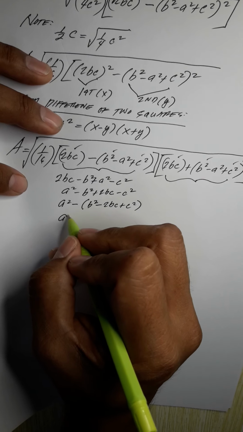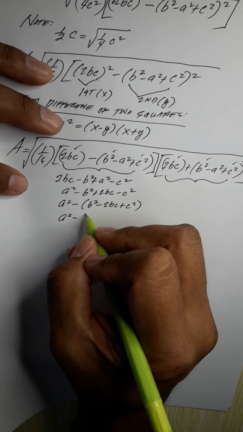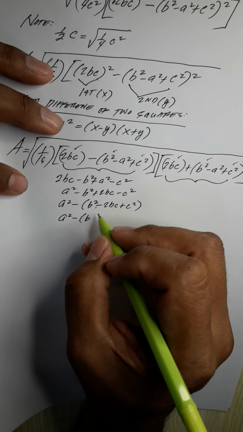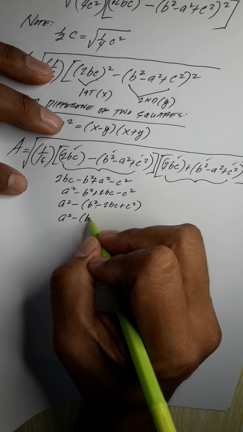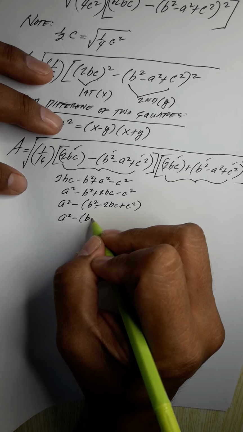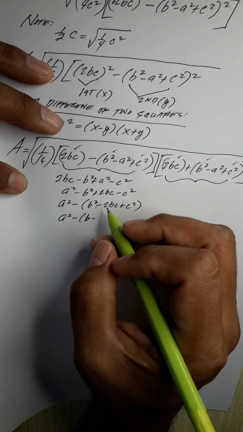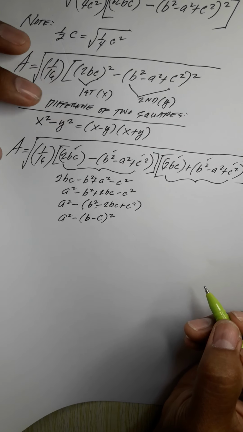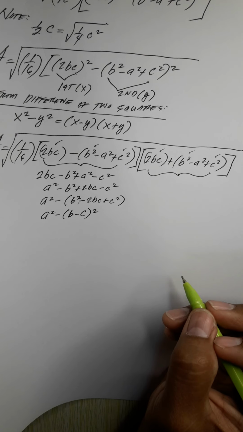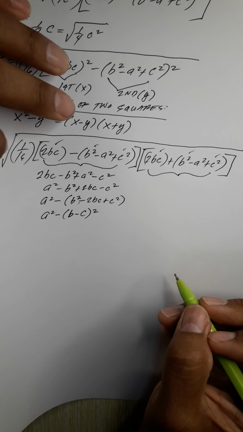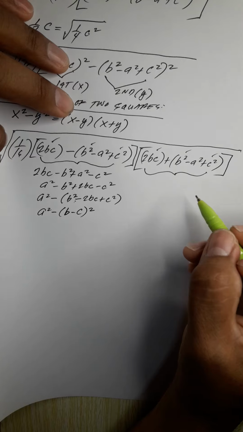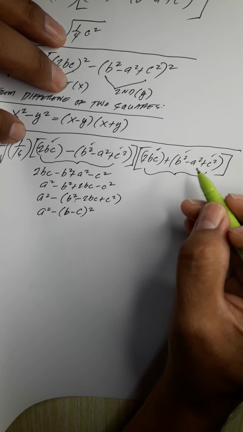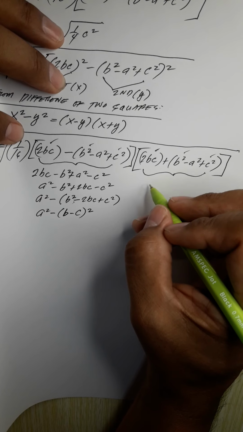And then a squared minus, this will become b minus c, and then squared. Okay, and then here we combine what we need.